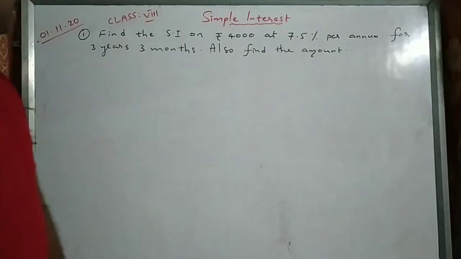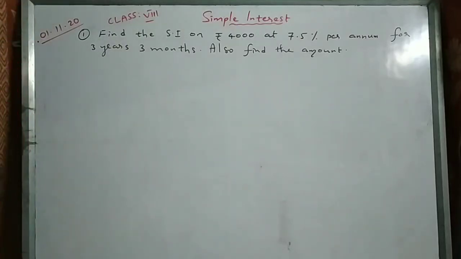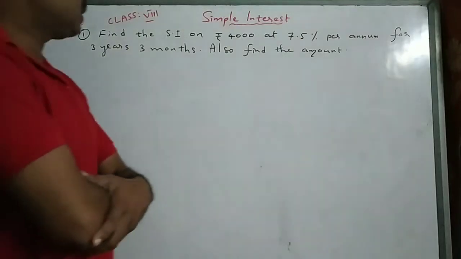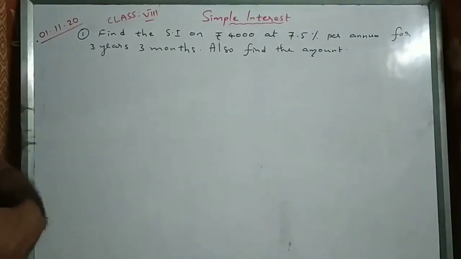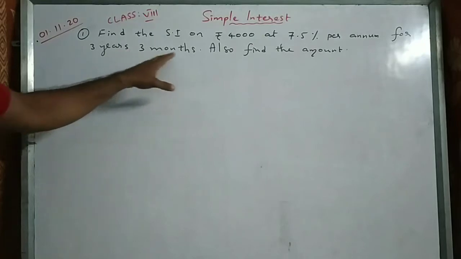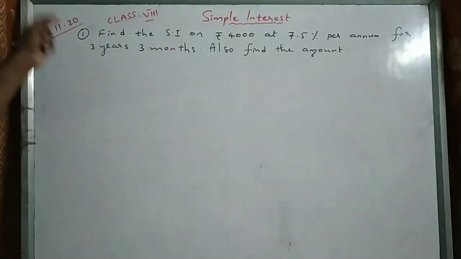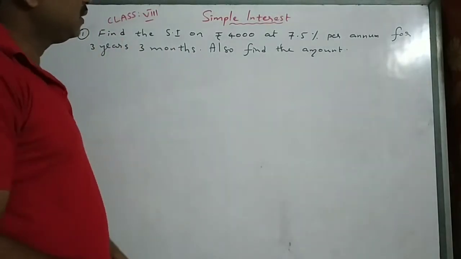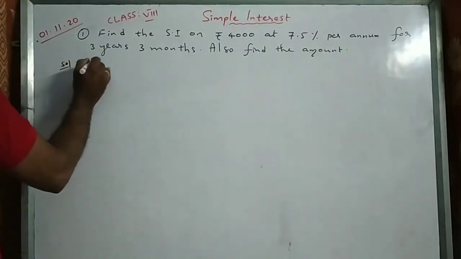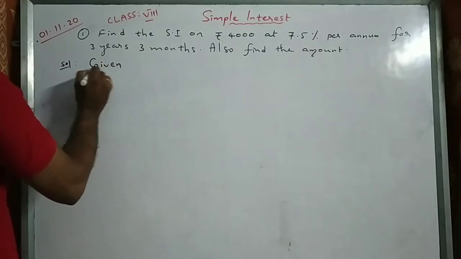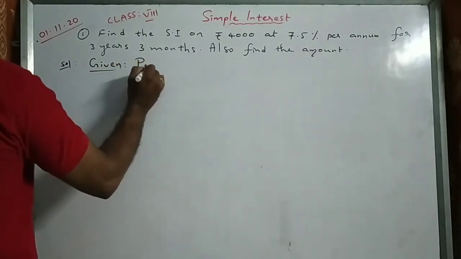So look at the question here. Find the simple interest on rupees 4,000 at 7.5% per annum for 3 years 3 months. Time is given here, 3 years 3 months, so that should be changed completely into years, right? What is given here first?